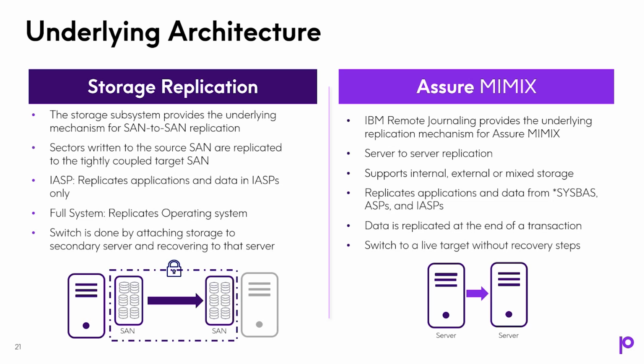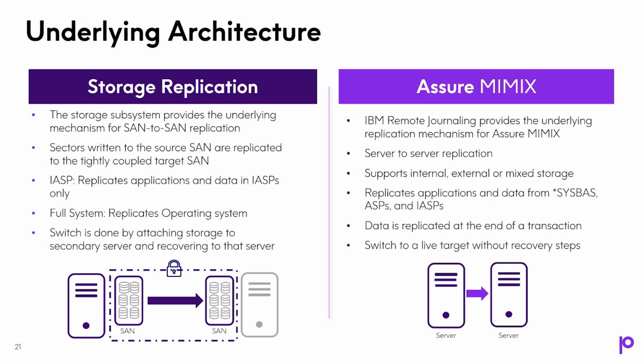Okay. Now, if you compare that to logical replication, Assure MIMIX here precisely, we use remote journaling to provide the underlying replication mechanism. That's done at the OS level. It's server to server replication. It supports internal, external, or mixed storage. It replicates applications and data from system-based ASPs, user ASPs and independent ASPs. Data is replicated at the end of the transaction.